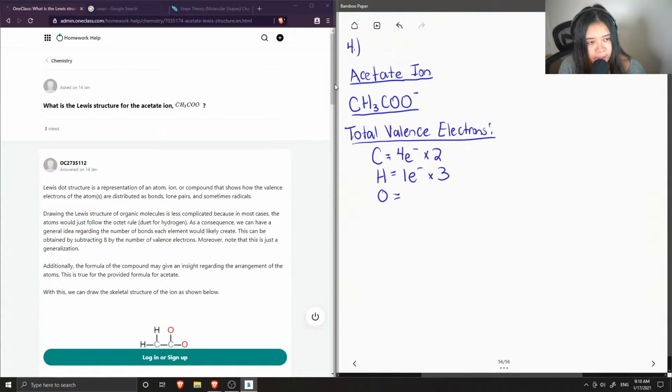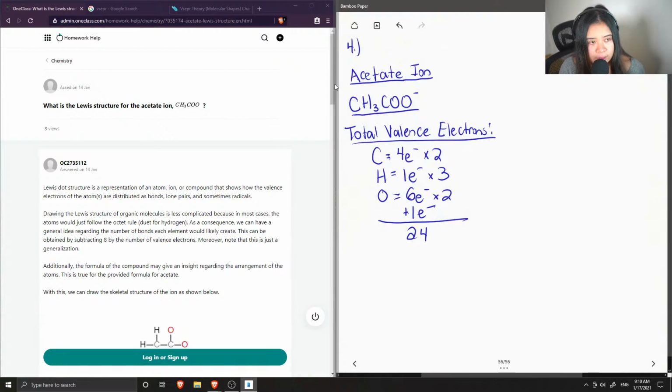And lastly, oxygen has 6 valence electrons, and we just multiply that by 2. Also, the overall charge of this ion has a -1 charge, so we are going to add an additional electron to our count, and we should end up getting a total number of 24 valence electrons.